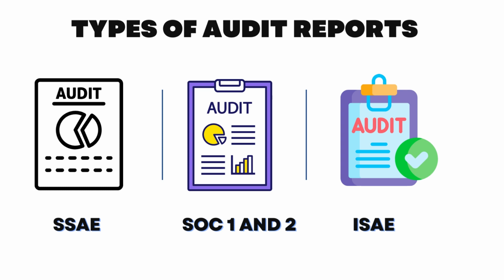Okay, moving on to SOC 1 and SOC 2. SOC 1 and SOC 2 are very common auditing standards. There are two types of reports. The Type 1 report focuses on the description of a service organization's systems and the effectiveness of its policies and procedures. And the Type 2 is the same thing, but evaluated over a period of time instead of a single point in time, and usually there's an evaluation of the controls also.